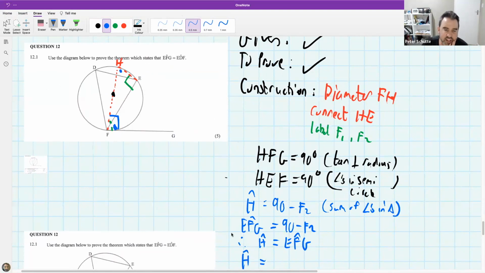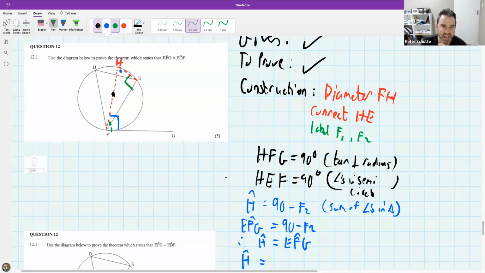What does the angle H also have to be equal to? F2 is this little bit down here. So I broke this up into F1 and F2 over here. I call that one F1 and that F2 just to make life a little bit easier.